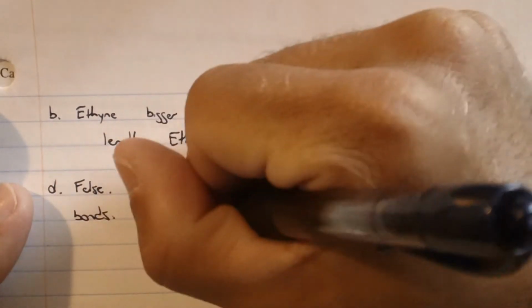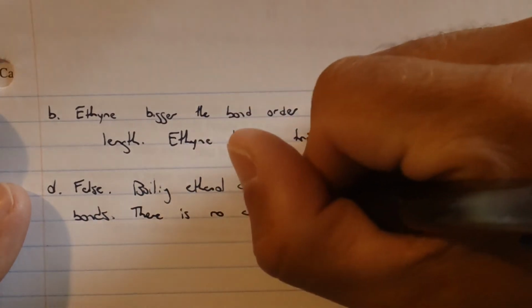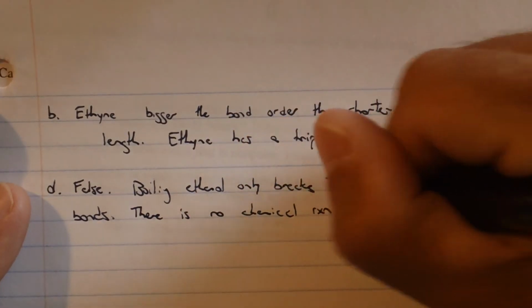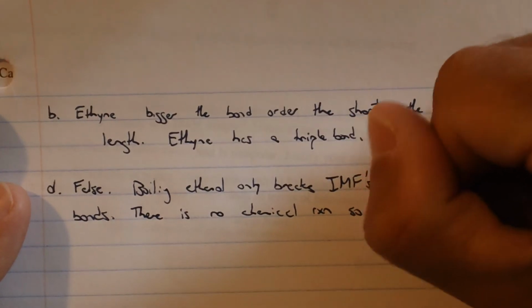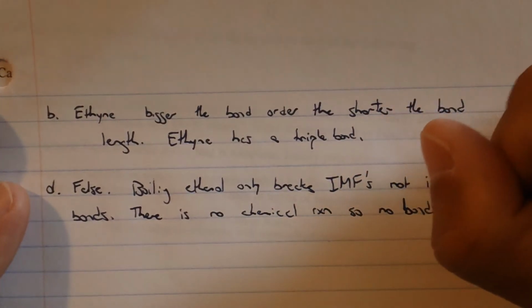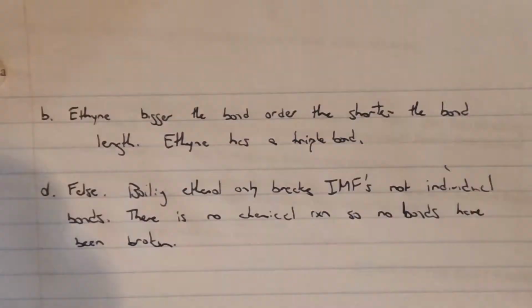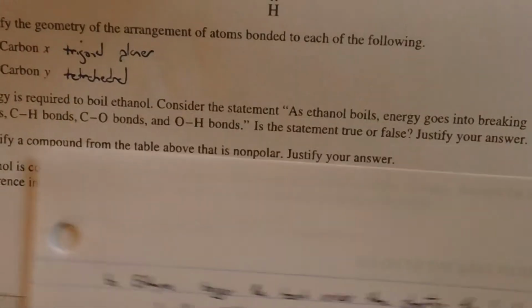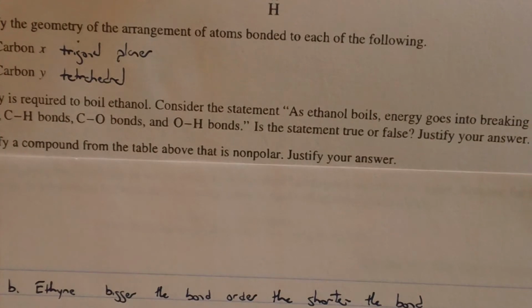There is no, I would write, there's no chemical reaction, so no bonds have been broken. That's it on part D. We're not breaking those bonds. It's boiling, right? Phase changes are just separating of the intermolecular forces.